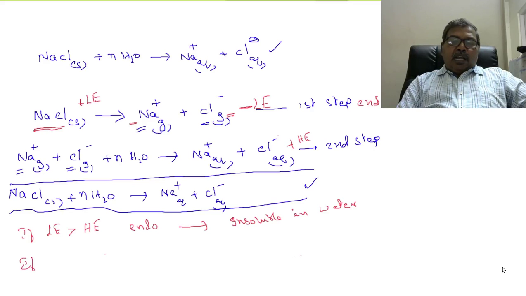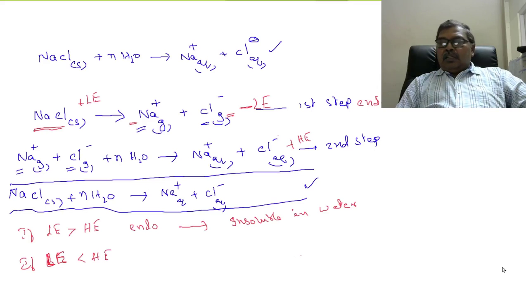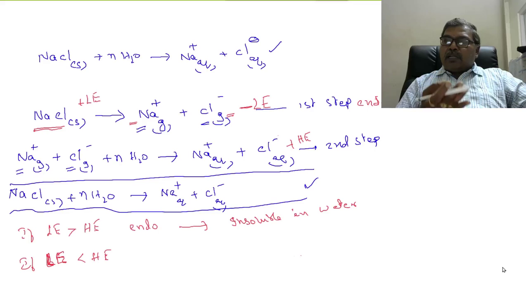If lattice energy is less than hydration energy, then energy required is less, energy liberated by the ionic compound is more.